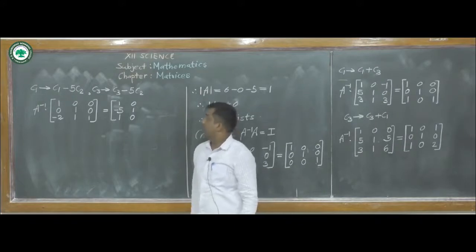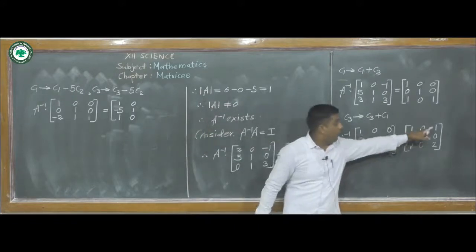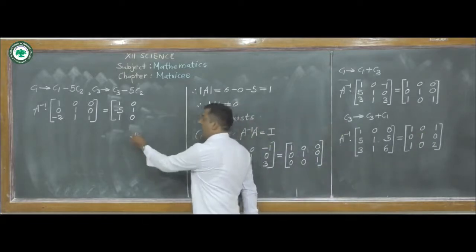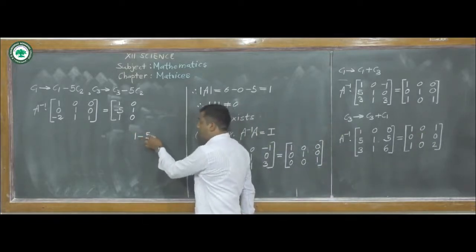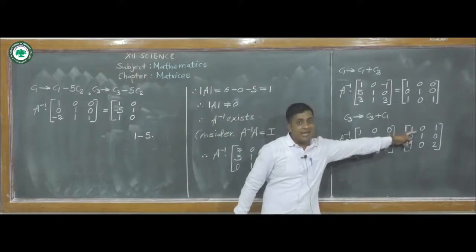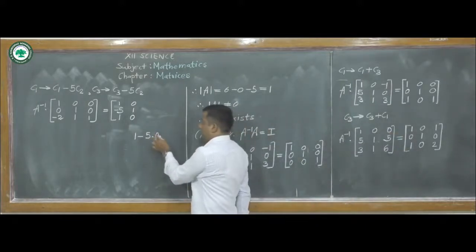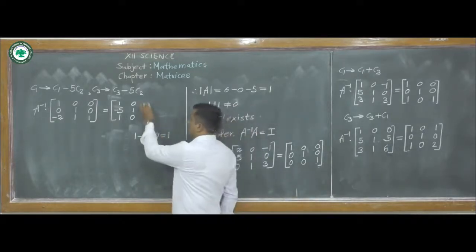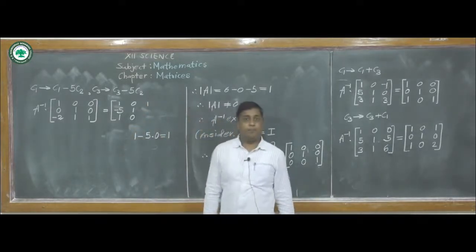Next, now we change column 3. The first element from column 3 is 1 minus 5 into the first element from column second, which is 0. So we get 1 minus 0, and we know this is 1. So here we have 1.